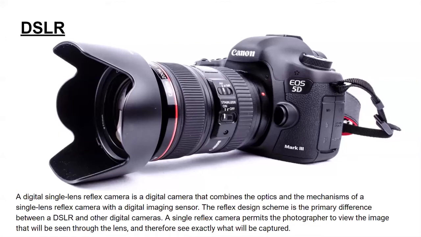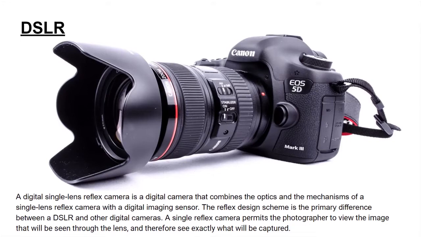So then we get into the DSLRs, and that's called a digital single lens reflex camera. It's a digital camera that combines the optics and the mechanisms of a single lens reflex camera, but it has a digital imaging sensor. So the reflex design scheme is the primary difference between a DSLR and other digital cameras.